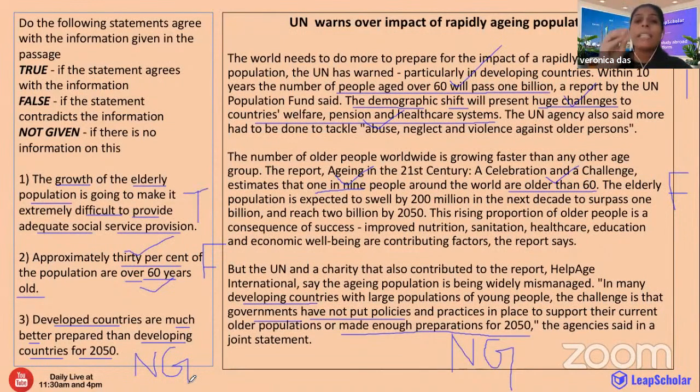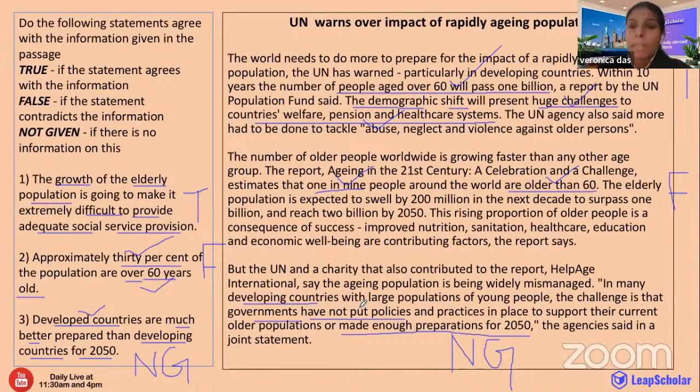If you understand this properly, okay. How can it be false? Is there any contradicting statement here, Vensila? There is nothing contradicting. The statement is talking about developed countries. We are not talking about developing.